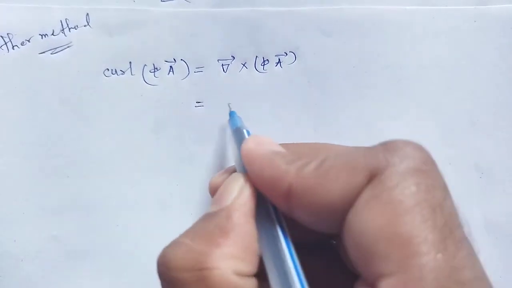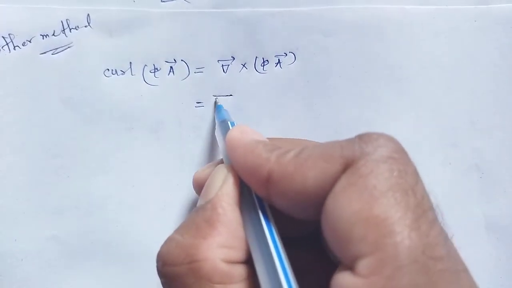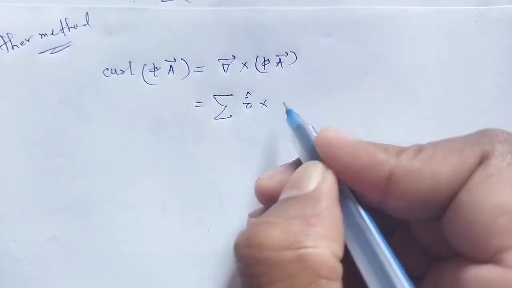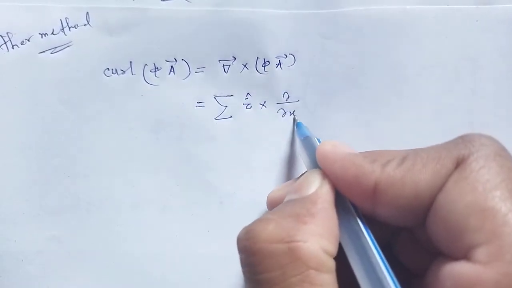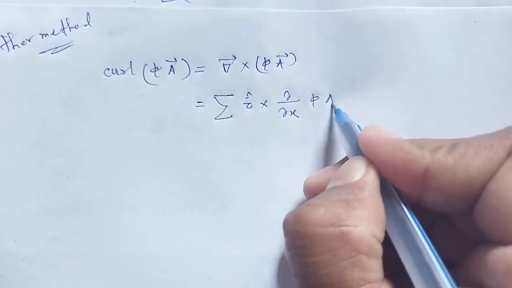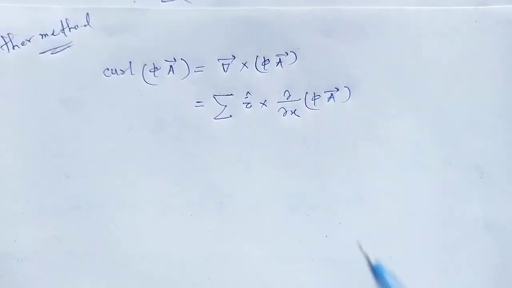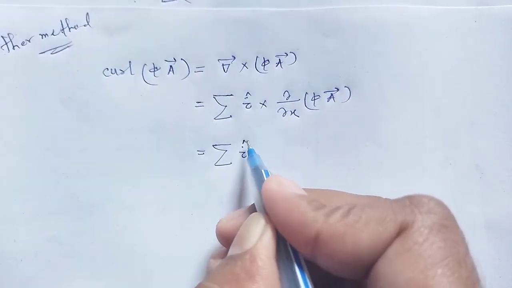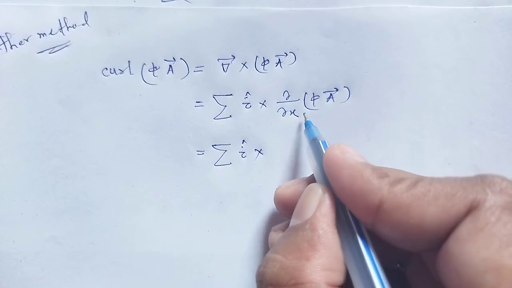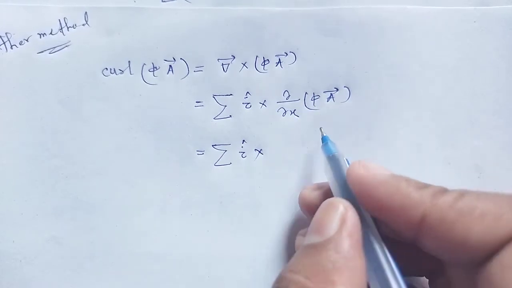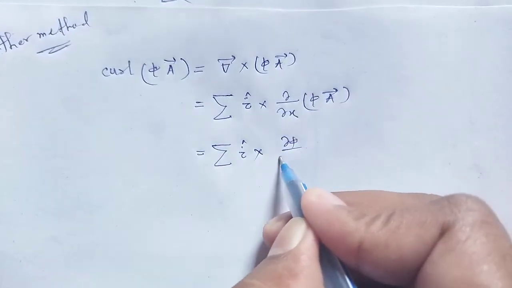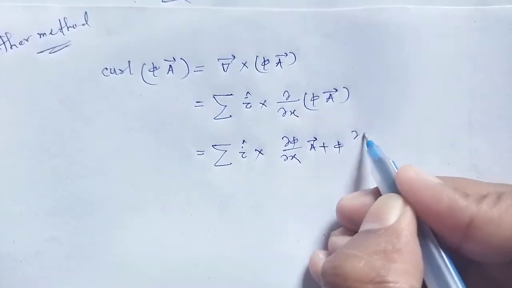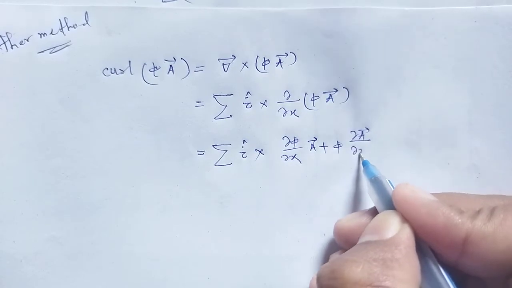As we know, this is the line integral, that's why we can write the summation over i cap cross del by del x of phi a vector is equal to summation over i cap cross, find out its derivative, that is del phi by del x a vector plus phi del a vector by del x.